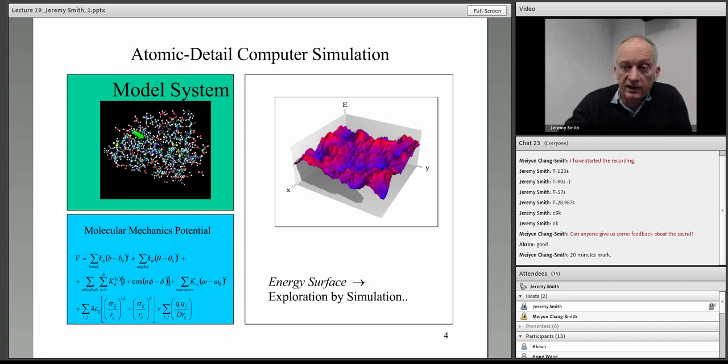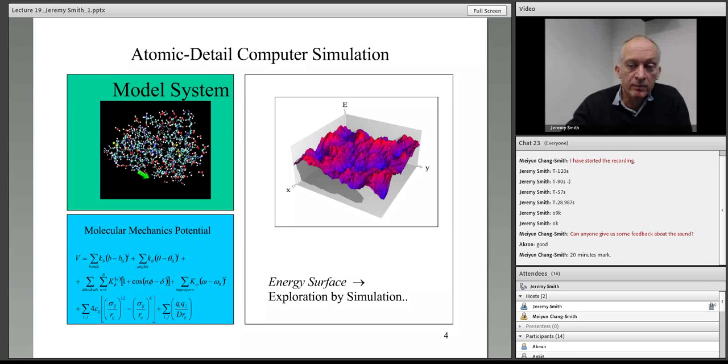So we'll call that a model system at atomic detail, each atom explicitly represented, and we will then derive a potential function. I don't want to go into that in too much detail. But this potential function gives us the potential energy as a function of all the relative distances of atoms in the system.